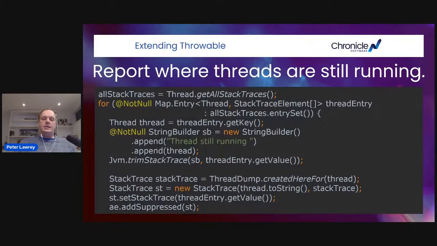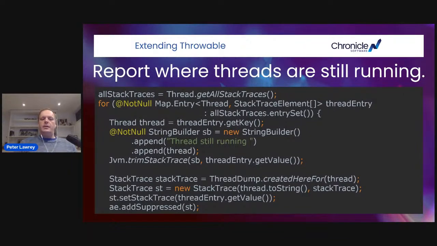And so it actually now has a throwable called Stacktrace, which has two stack traces. One is what it's doing now, the other is where it was created. But overall, at the end of this loop, it's going to throw one exception, which is an assertion error. And that assertion error has in it all the stack traces of every thread. The way this is added in is by using add suppressed. So you've got all these suppressed stack traces, one for every thread that's still running.